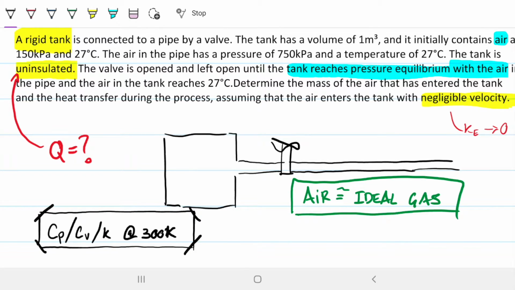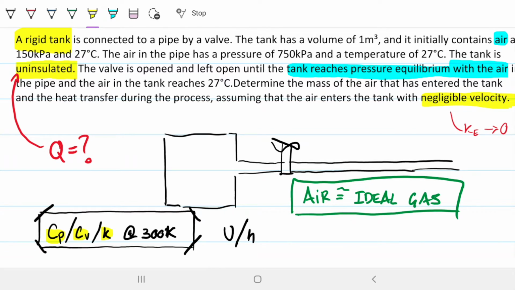If you don't want to do that, you're welcome to use property tables as well. But instead of grabbing internal energy and enthalpy the way I do, using these values here, you can just use the property tables. And if you need help with that, leave it down in the comments, and then we can do it together later and actually compare with this one.